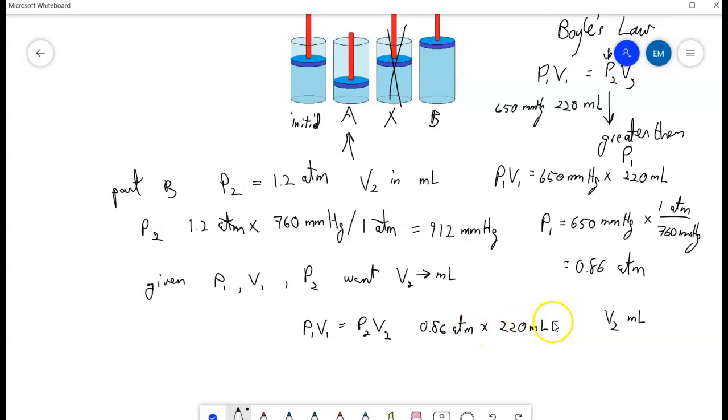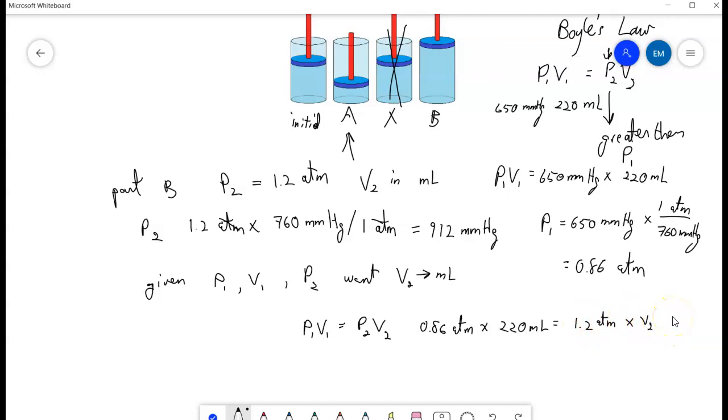And that's equal to pressure 2, which has been given to us as 1.2 atmospheres, times V2.